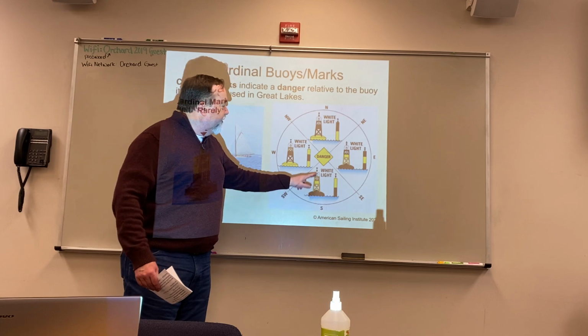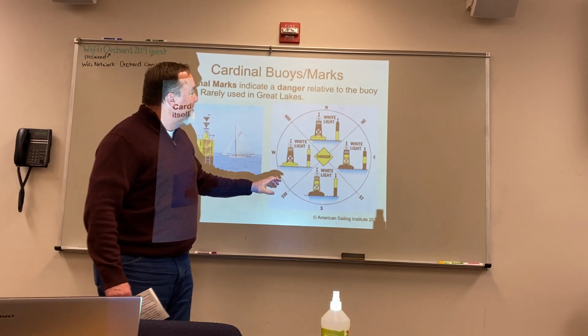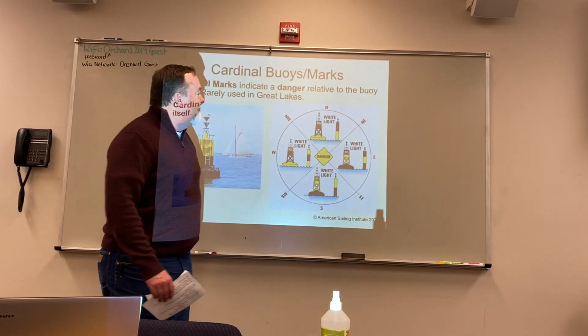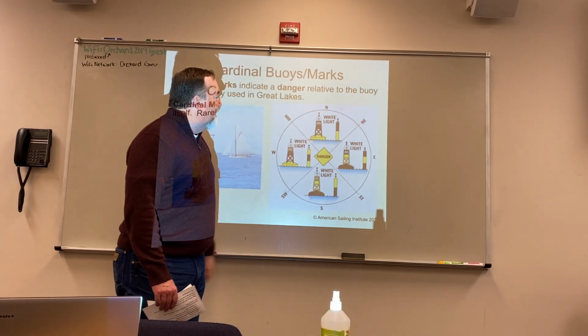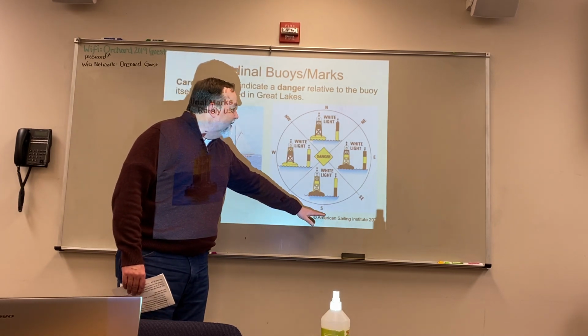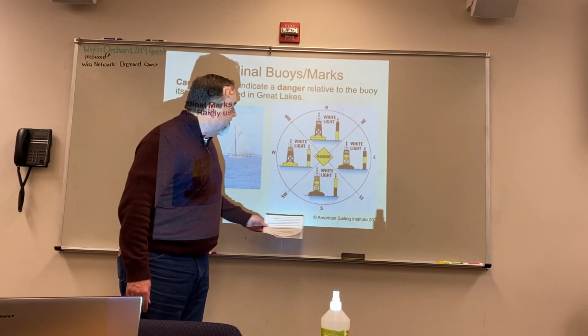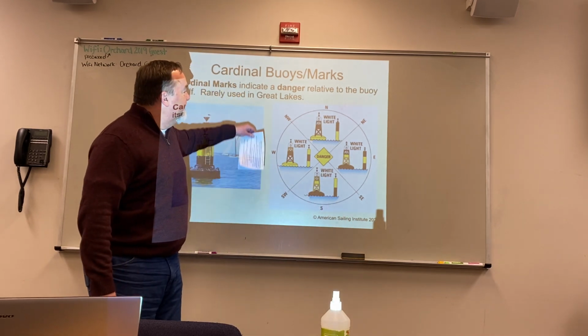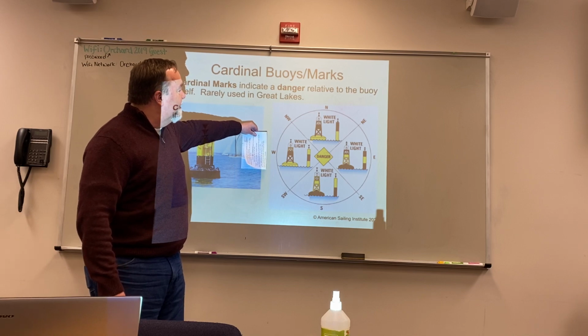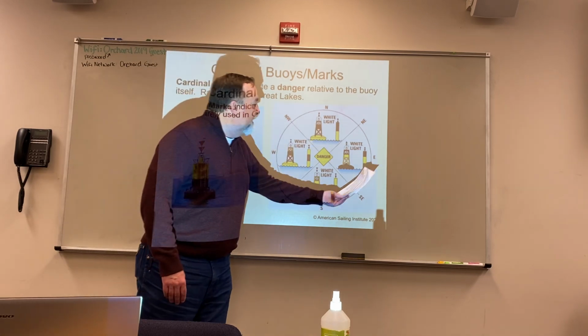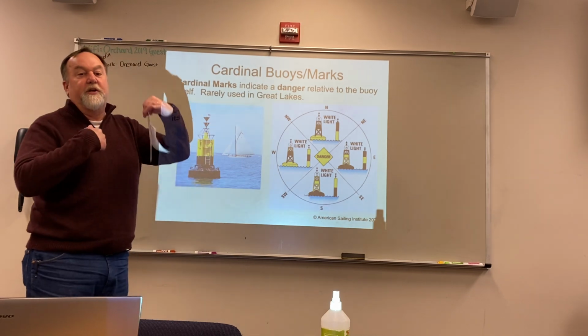These are always black and yellow, and the location of the black and yellow stripes depends on which cardinal buoy it is. In the case of south, we have 2 triangles going down, which means you always pass south of the danger. Same with west, we have 2 triangles pointing at each other, and the east cardinal has two triangles facing away from each other.